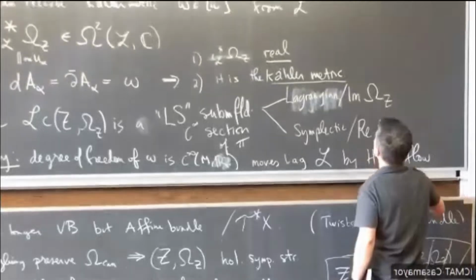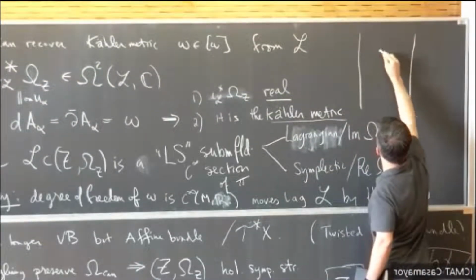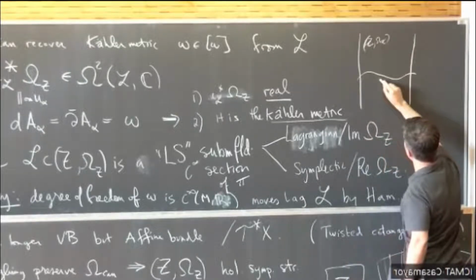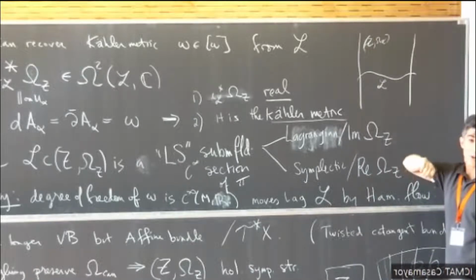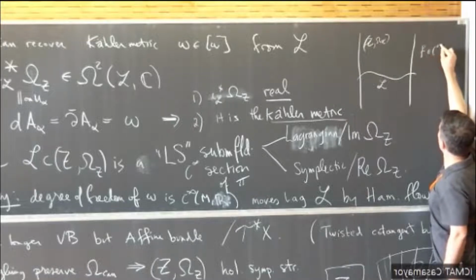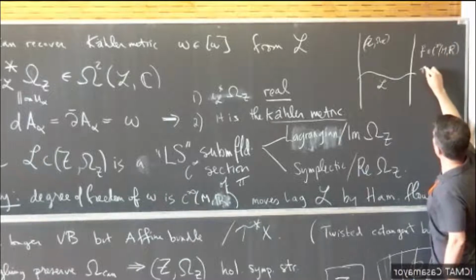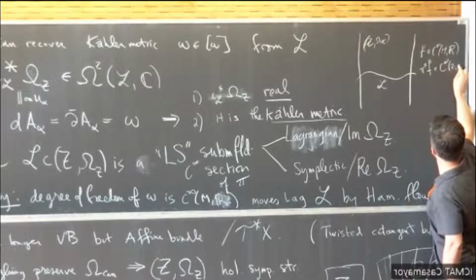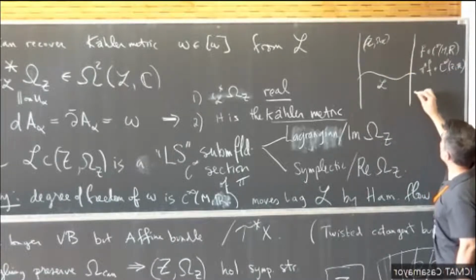Maybe just to make it as clear as possible, if I have Z, if I have this nice cross section, then you can deform this cross section by a function, right? If I take a function on the manifold, then I can pull it back to Z, and I can take the imaginary Hamiltonian flow.